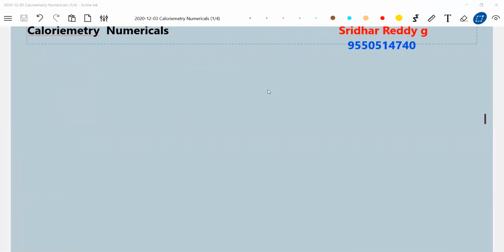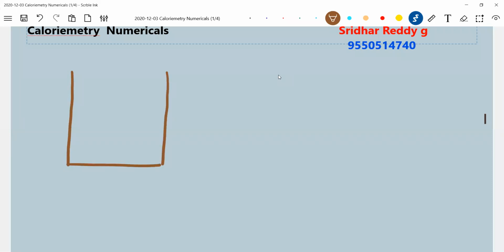Our topic is numericals based on calorimetry. Let there be a container. The water equivalent of the calorimeter, I'll write 2 gram.